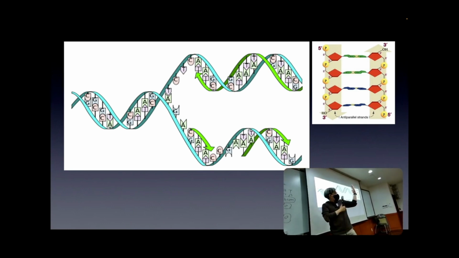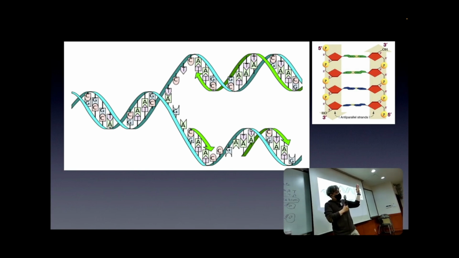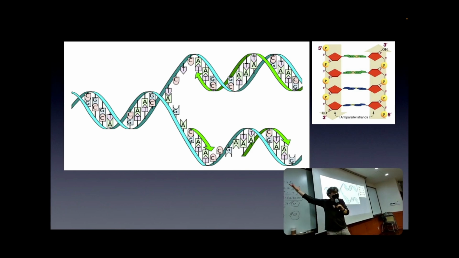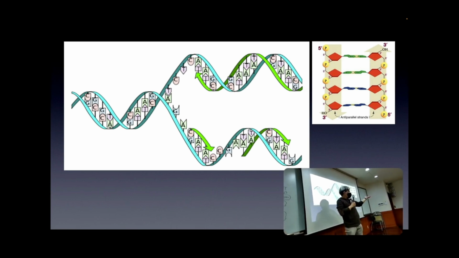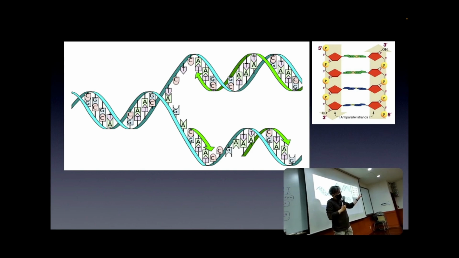Here, the mirror analogy comes into action. You don't really have to think too hard, and you don't need any special template-providing device, but each of these strands will serve as a template. And all you have to do is say, hey enzyme, I know enzymes are kind of stupid, but at least you should be able to do these things, and they can.